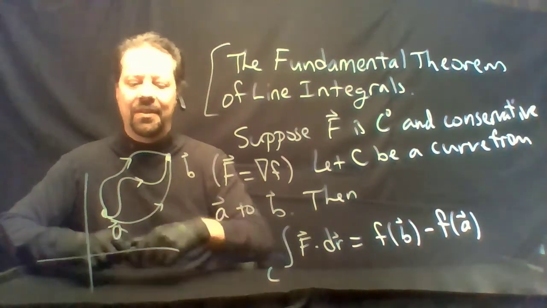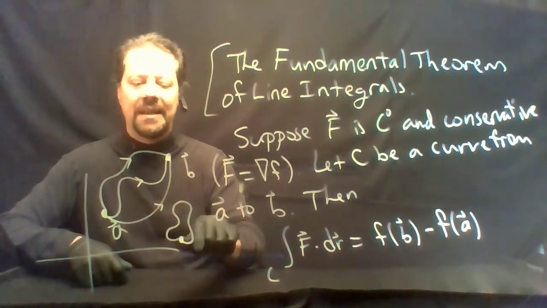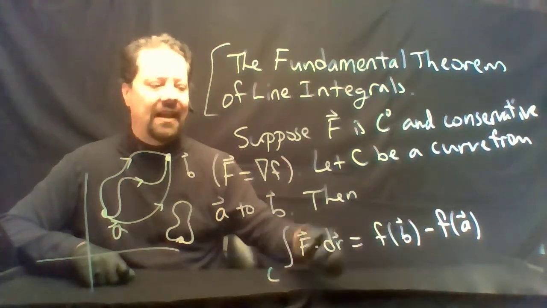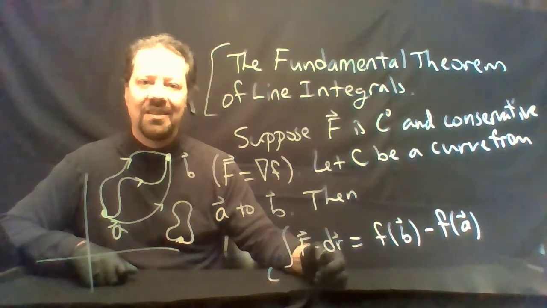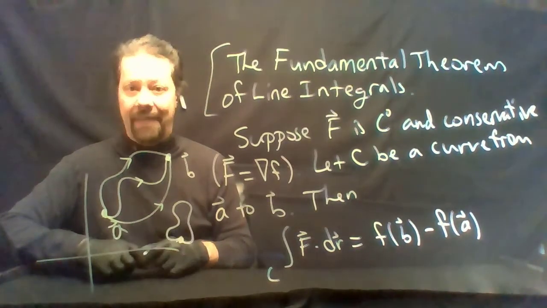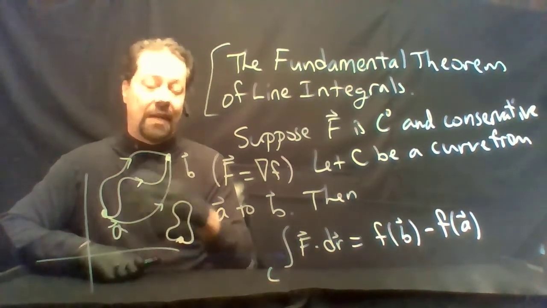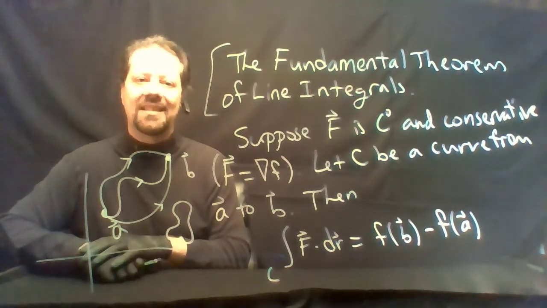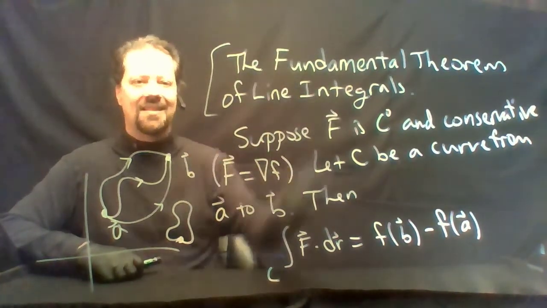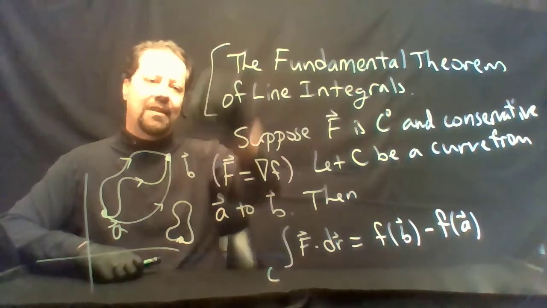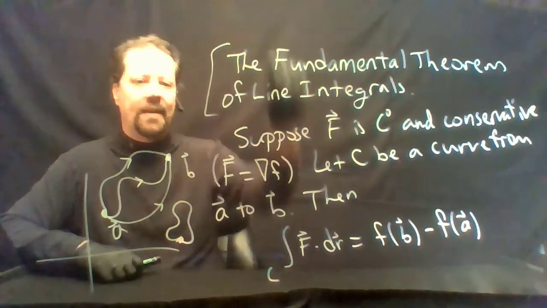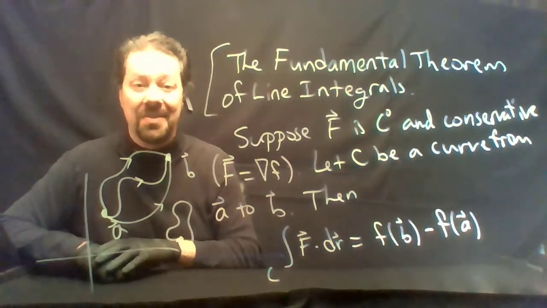Also, if the curve is a closed loop, beginning and ending at the same place, then A and B are equal, and the integral for the work done will be 0. Consider this. If I'm dealing with gravity, which I know to be a conservative vector field, around, say, the Earth, and I'm monitoring a satellite that perhaps is in a highly elliptical orbit, maybe a tundra orbit, then no matter how elliptical that orbit, the amount of work done by the gravitational field on that satellite in one complete orbit is 0.